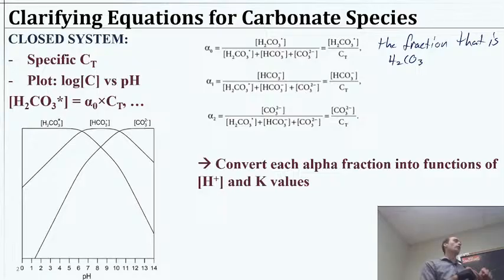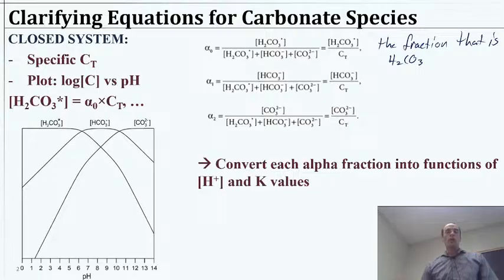And our target here, of course, is to convert each of these alpha fractions into H+ and K. That way, we know the Ks. It's going to be more than one K, right? K1, K2. And the H+ is going to vary, right? So that's going to be the X. So when we plot y equals 2x, we know that we selected 14 x values and we're calculating 2x every time. Okay?